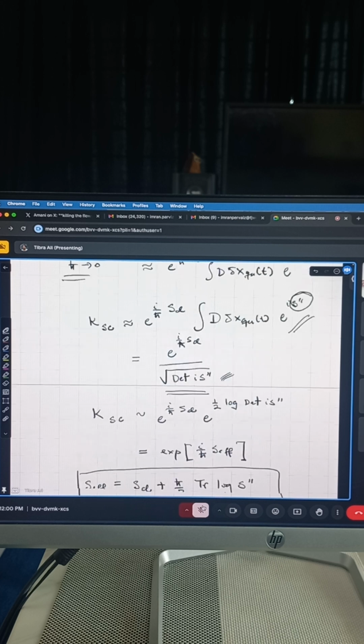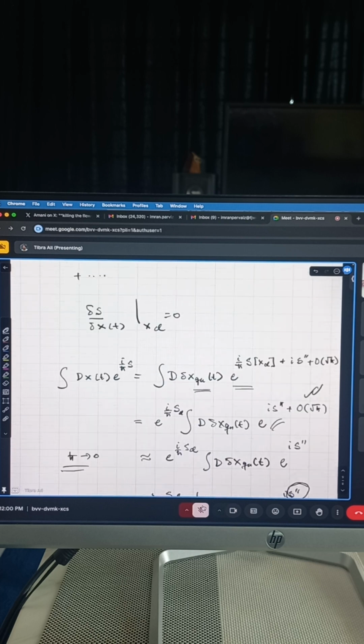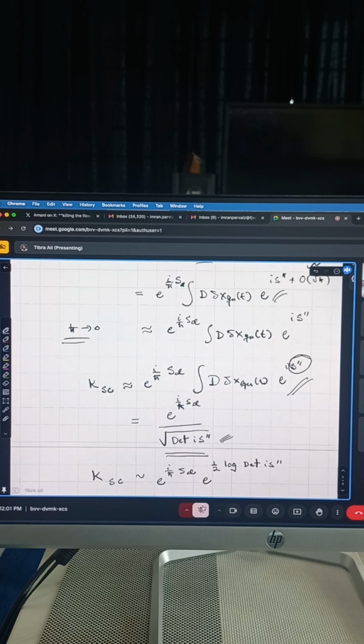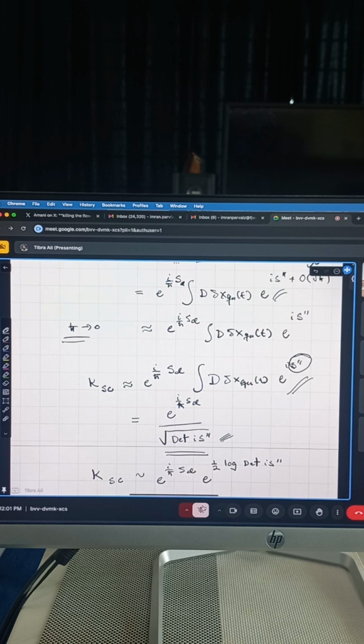However, you won't be needing this. You will be needing just this expression, to compute the propagator for the simple harmonic oscillator, which is the problem sheet that I've shared with Imran.